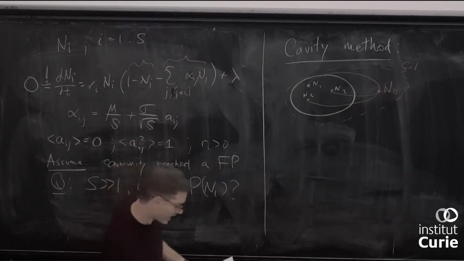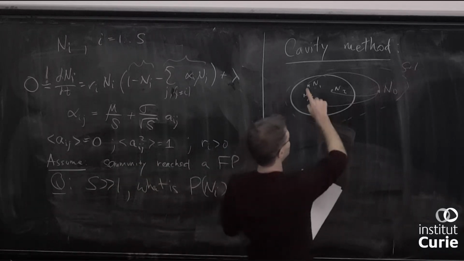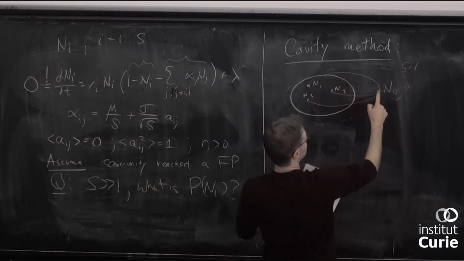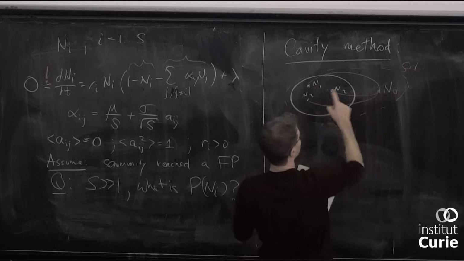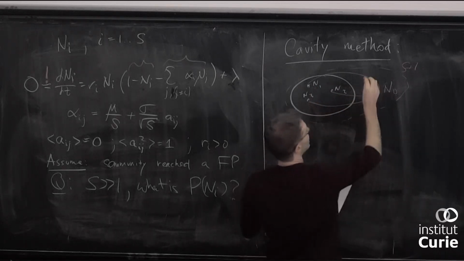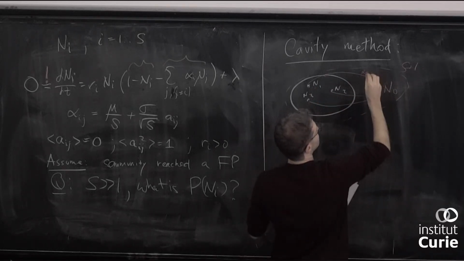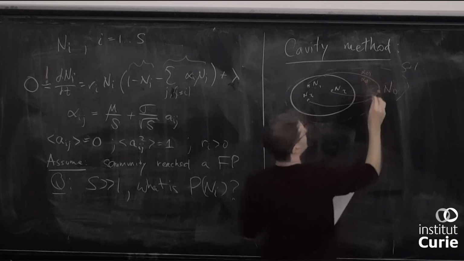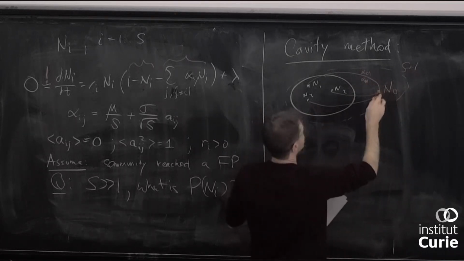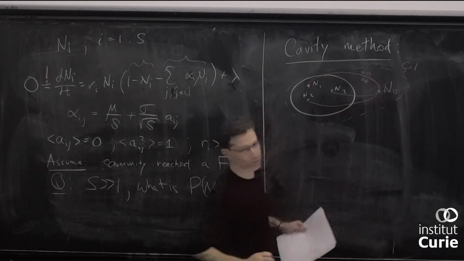So for each one of these new interactions between N0 and N1, N0 and N2, N0 and N3, I have alpha 0,1 and alpha 1,0, which is the effect of 0 on 1 and the effect of 1 on 0, and so on.